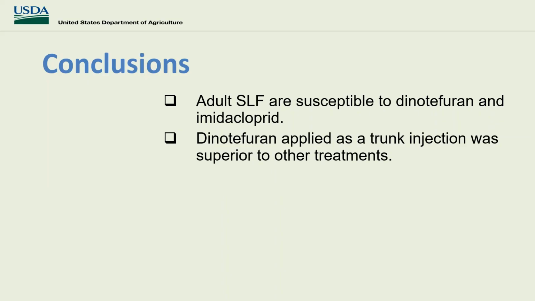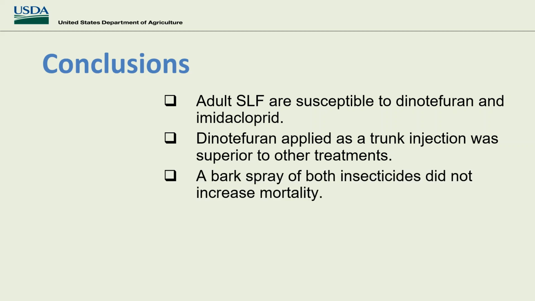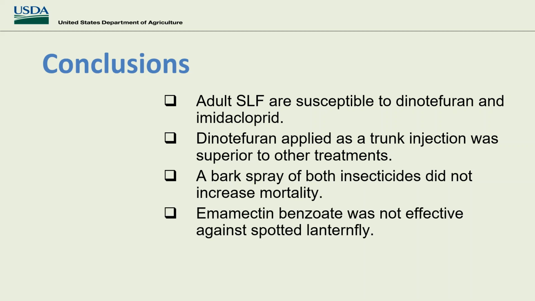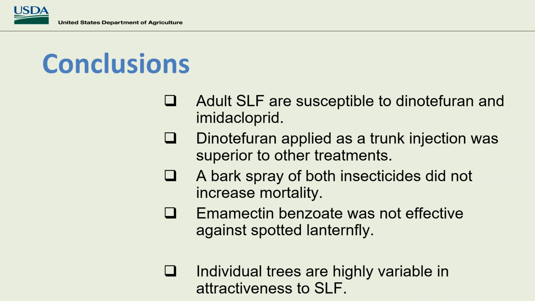So just to wrap up that study, conclusion-wise, the adults are very susceptible to Dinotefuran and imidacloprid. I saw that the Dinotefuran, when applied as a trunk injection formulation, was actually superior to the other treatments. I did a few trees that were combined with the imidacloprid and Dinotefuran as a bark spray, and that did not increase the mortality. Emamectin benzoate was not effective against the insect.